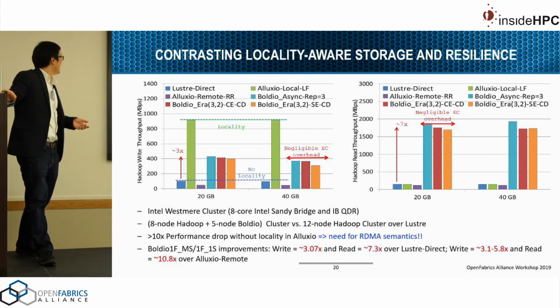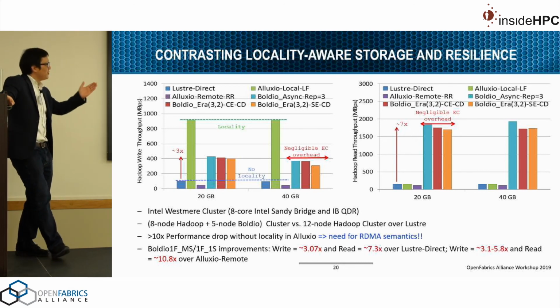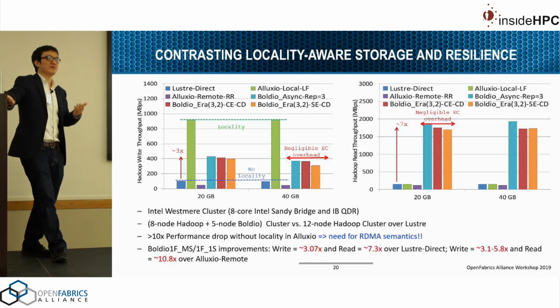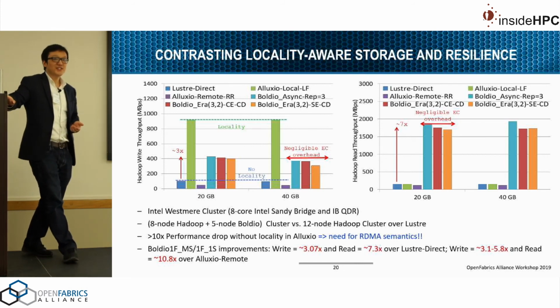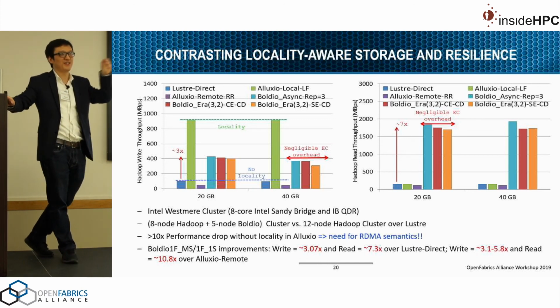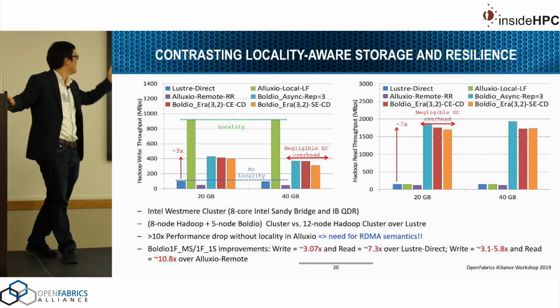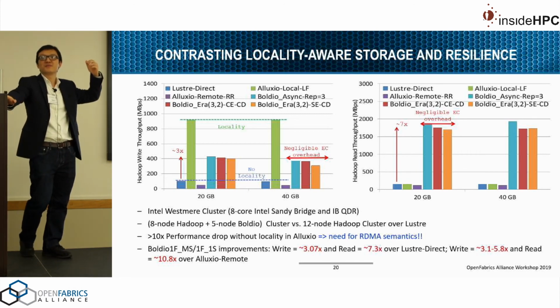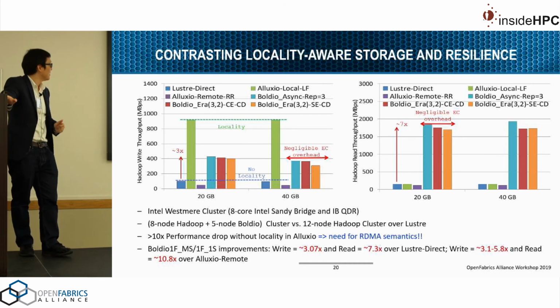Then on top of that, you can deploy Xiaoyi or Taekyang, those kinds of systems, on top of Lustre. In that case, if you have data locality, you just access your data from your RAM disk. That's why you see the green bar is very high performance. You get good performance because of data locality.